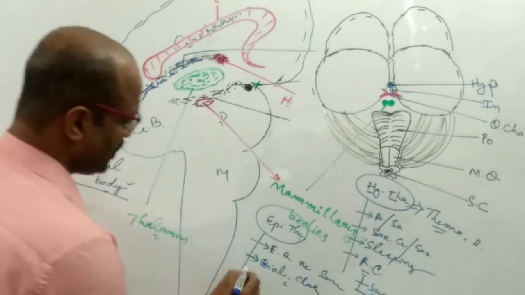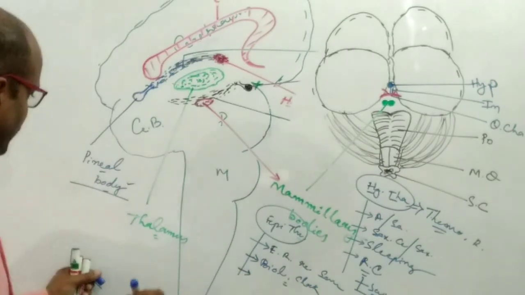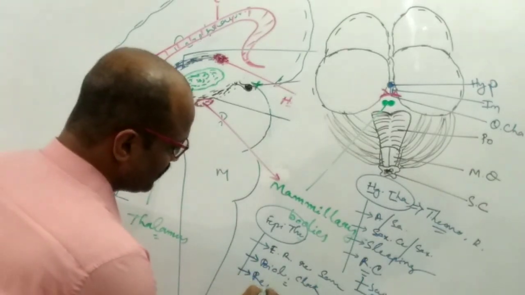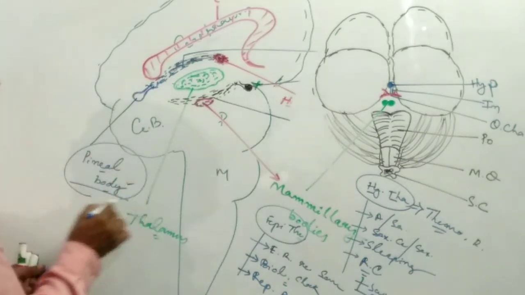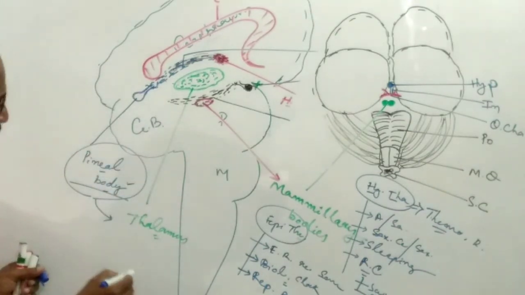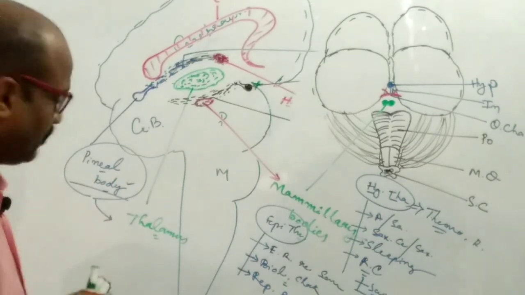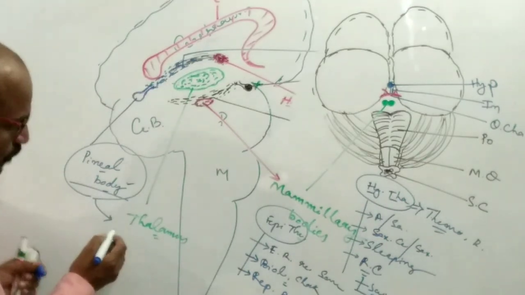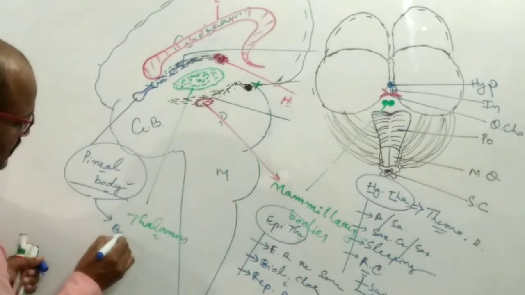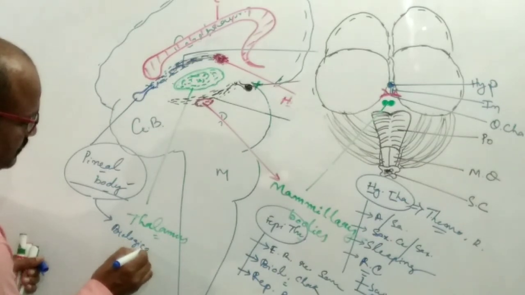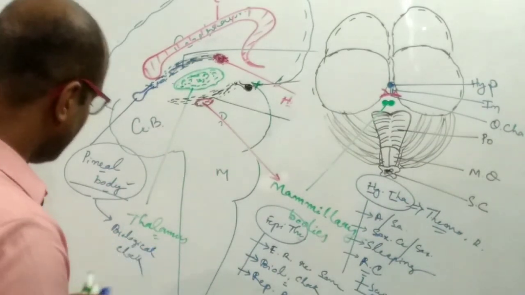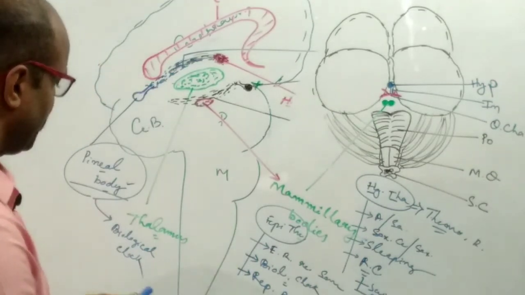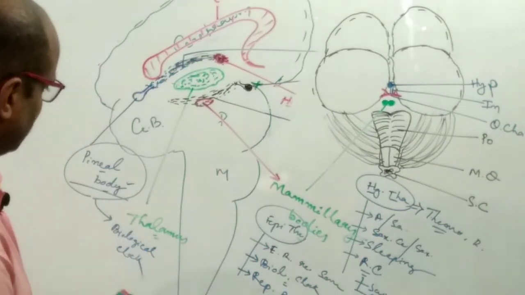The pineal gland also regulates the reproductive behavior of the animal. That's why the pineal body is known as the biological clock of our body. The epithalamus has a very important function.